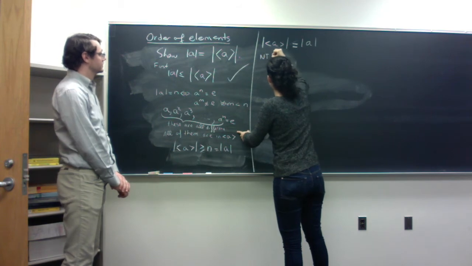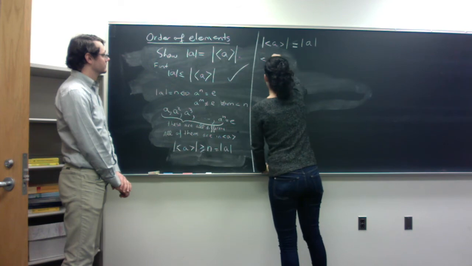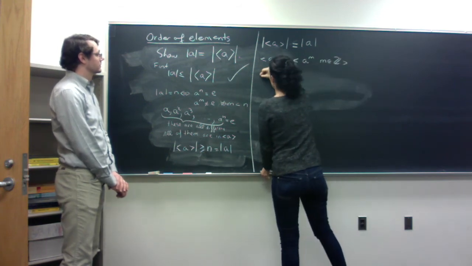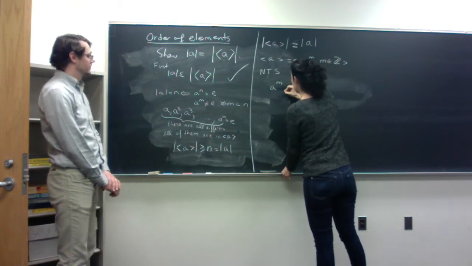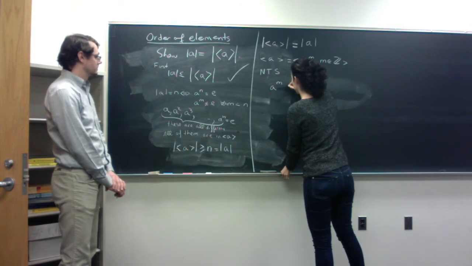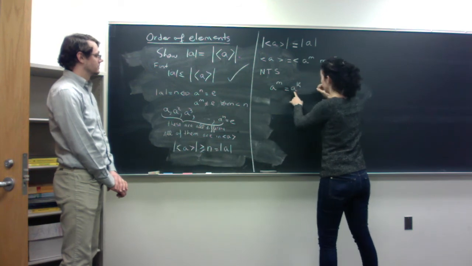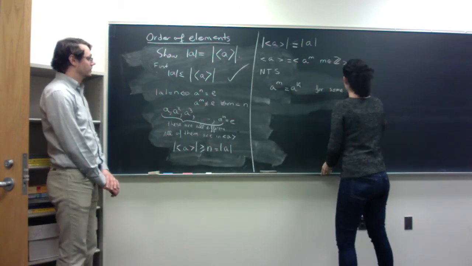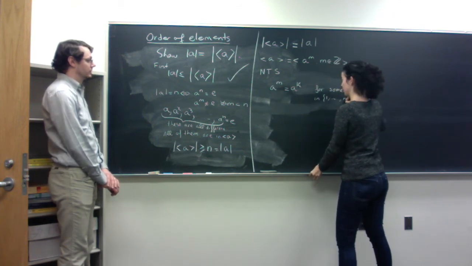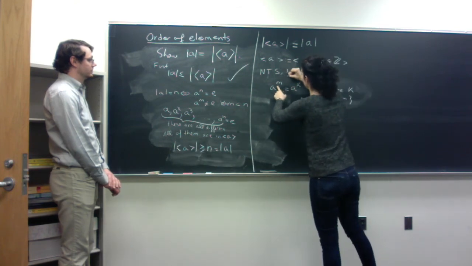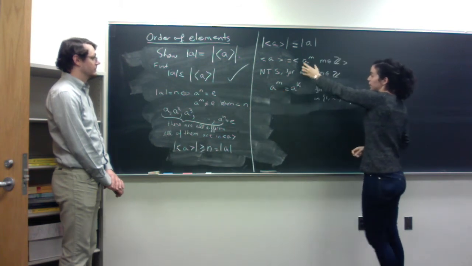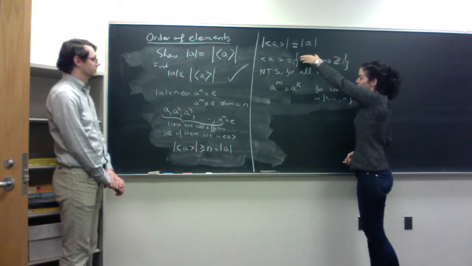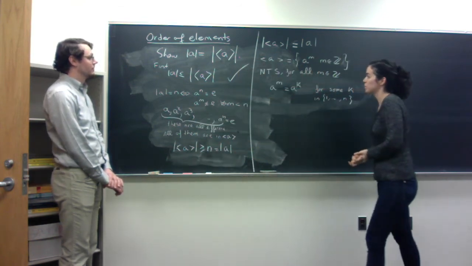A, by definition, if we're using multiplicative notation, is all the powers of A. So what we need to show is that if we have something that looks like this, then we can find some k in 1 through n, and we need to do this for all m, because that's proving that any element in this subgroup, any element like this, is one of these, which there are n of them. So that way we'll conclude our proof.